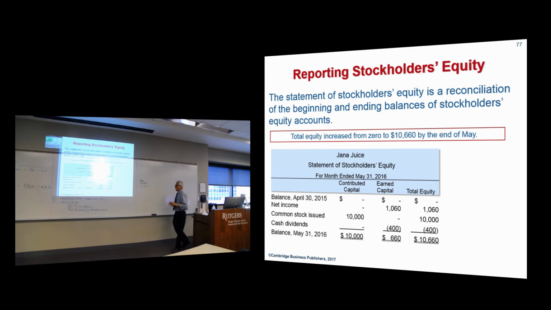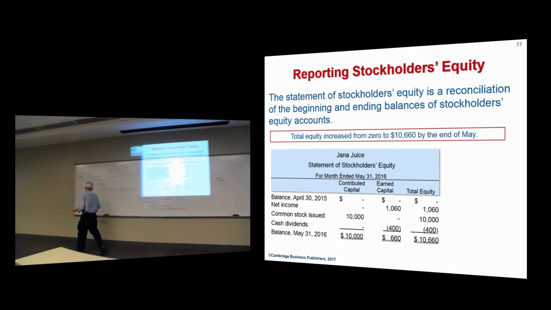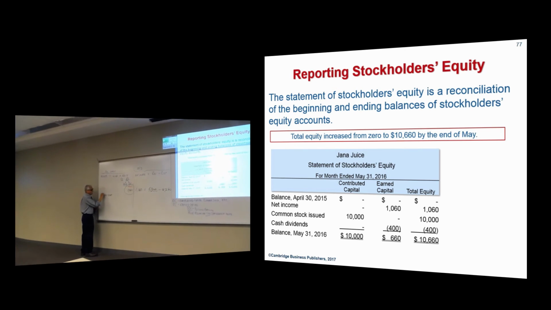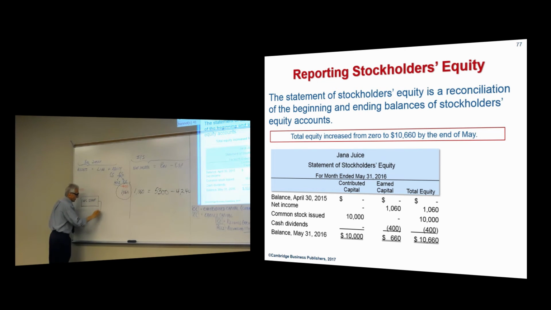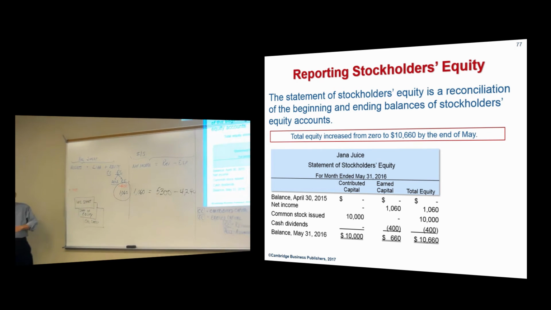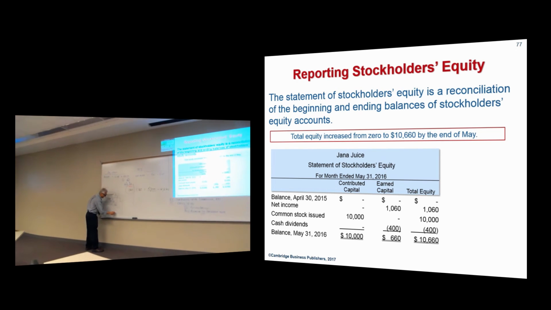When we look at the statement preparation, and I know we said this before, and I know you've been working with this on the homework, if you had to look at the flow of statement preparation, you're going to do the income statement first, then the statement of stockholders' equity, then we have the balance sheet, and that's what we're going to be doing for most of the semester except for the last week. And then I'm saving cash flow for last.